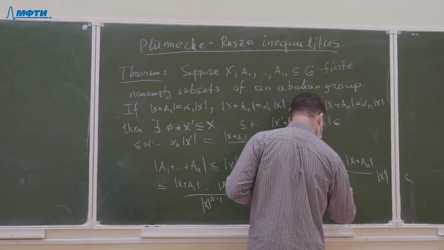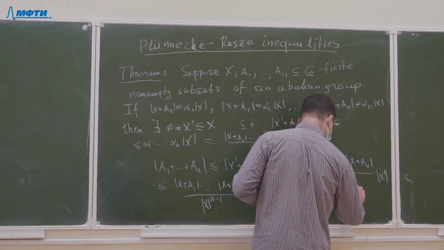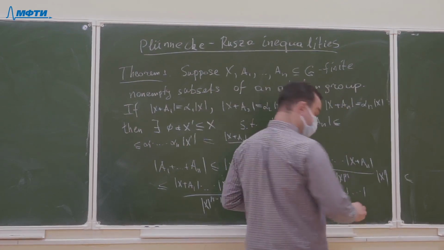It's the version without unknown subsets.